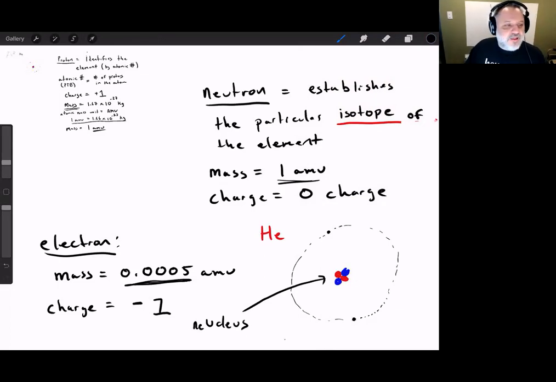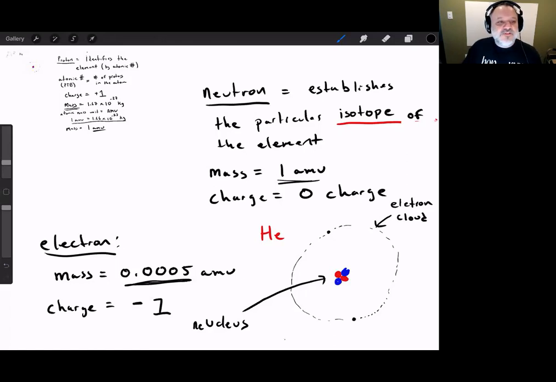Just like in a cell, this is going to be the nucleus of the atom. And what we're going to call where the electrons are located, I'm going to already start to introduce a better word for it. I'm not going to call it an electron orbit. I'm going to call it an electron cloud.